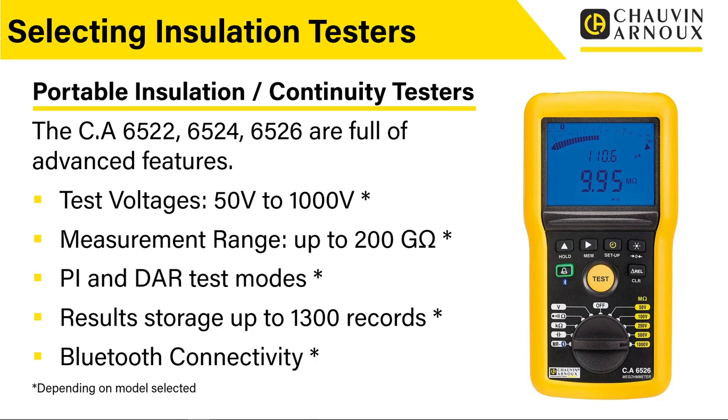So we can connect that through to the PC software, monitor the results in real time, and download those results via the Bluetooth connectivity. These are really powerful little testers, and really useful tools for anybody carrying out that sort of maintenance and wanting some of the more advanced features you'd probably find on the bigger testers, but wanting the portability of being able to carry these things around quite easily.